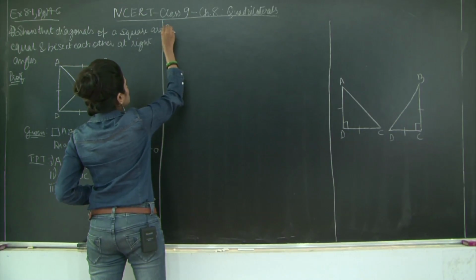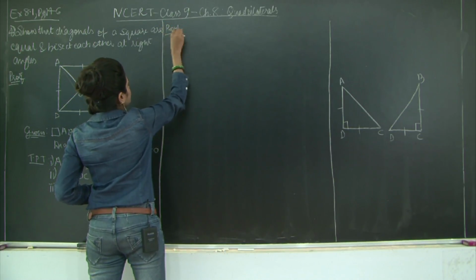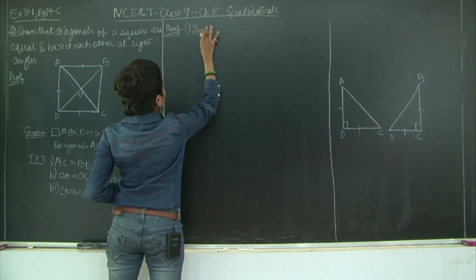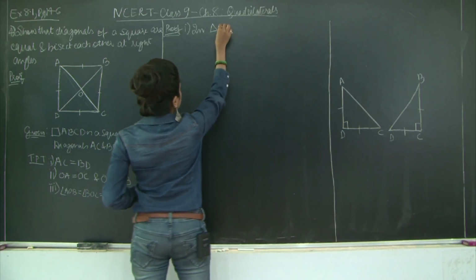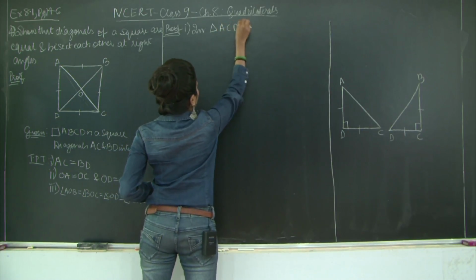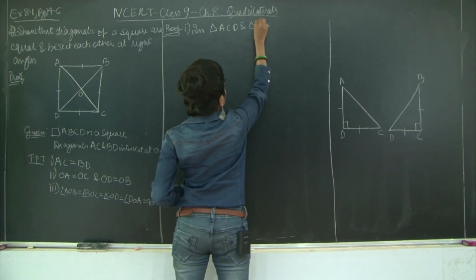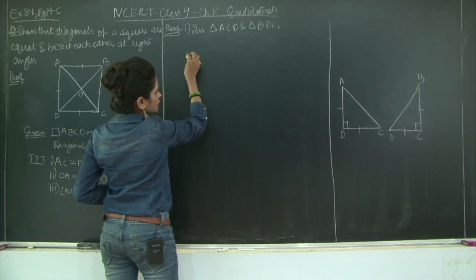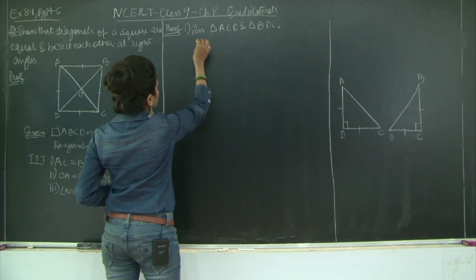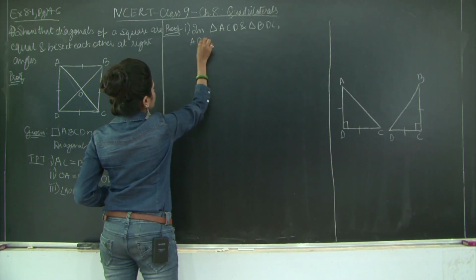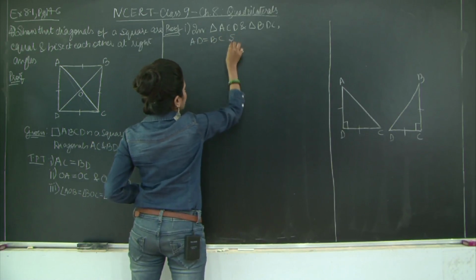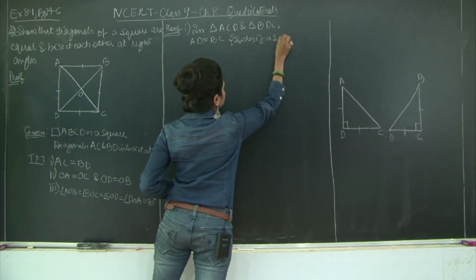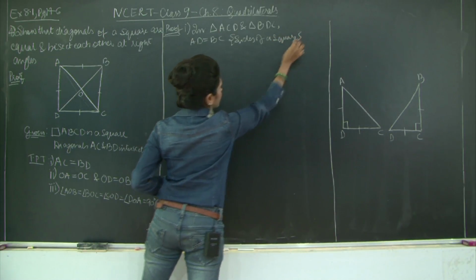So my first part of my proof, I'll say in triangle ACD and triangle BDC, I have AD is equal to BC, sides of a square. We know that sides of a square are equal.